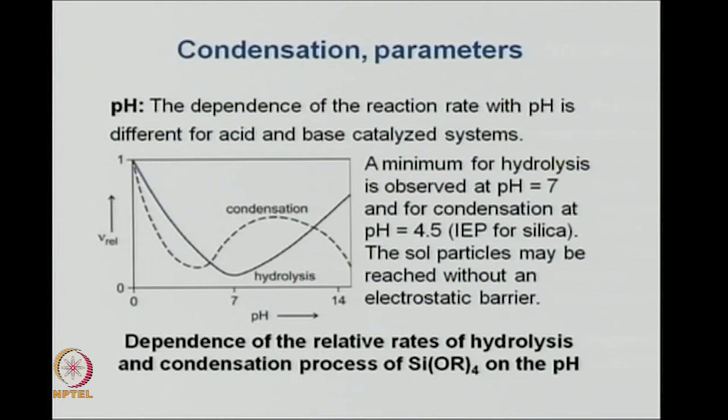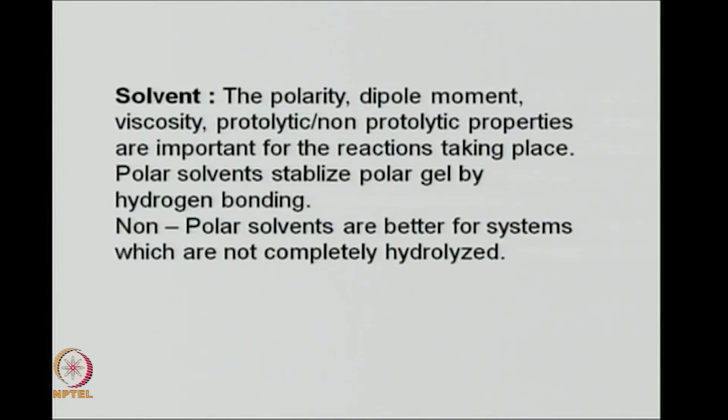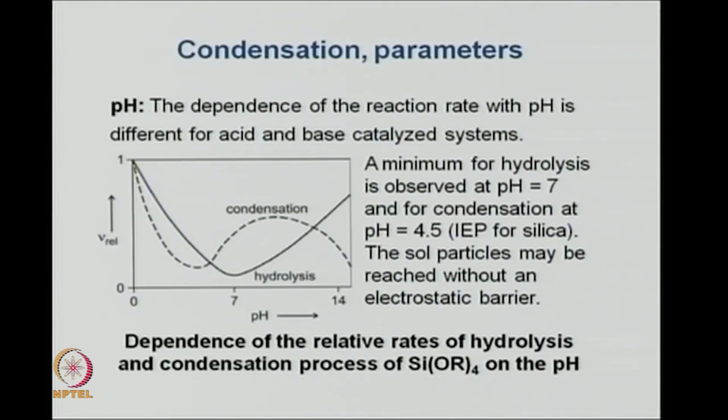Now, the dependence on pH, as I said, is very important, and it is very different for acid and base catalyzed systems. If you look at this plot, this is the rate of reaction plotted against pH. The hydrolysis rate is minimum around pH 7, whereas the condensation rate is minimum at a much lower pH, say around 5.5 or something, and the rate is maximum around 8.5 or 9.